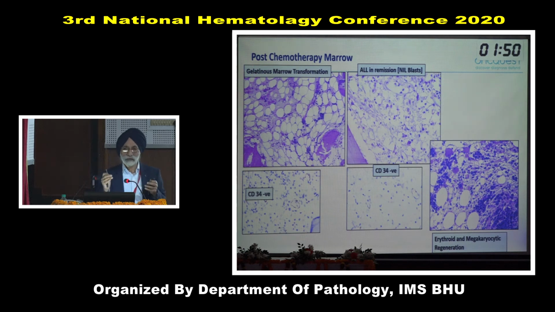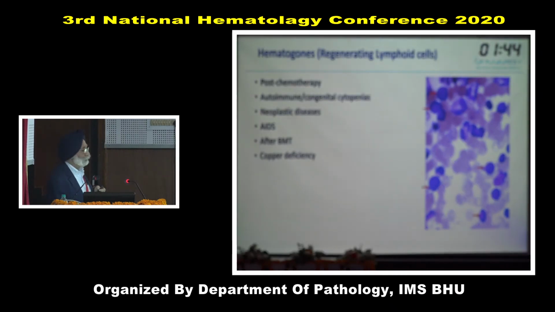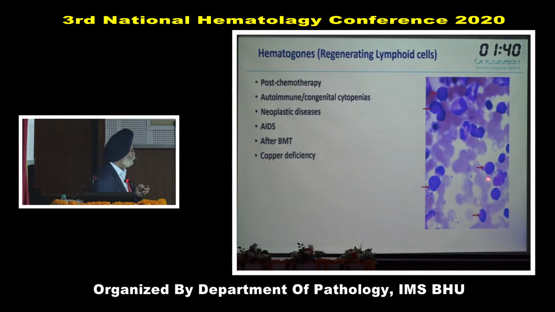That is, regeneration first of megakaryocytes as well as erythroid precursors starts. So sometimes we do come across hematogones. On morphology you find large and intermediate sized cells, uniform chromatin, nucleoli usually not well made out, a very, very thin rim of cytoplasm, and variable size.